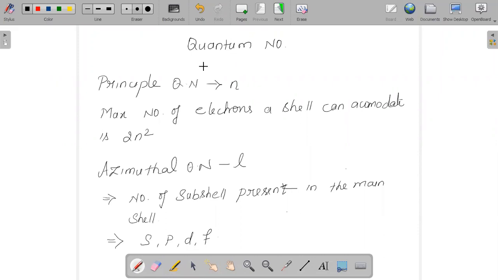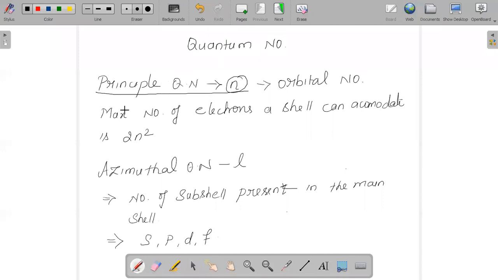When we talk about quantum numbers, as I told you, the principal quantum number is denoted by the symbol n. The principal quantum number will help you find the maximum number of electrons, or we can say it denotes the orbital number, or in a more simple way, it represents the shell number of the electron.